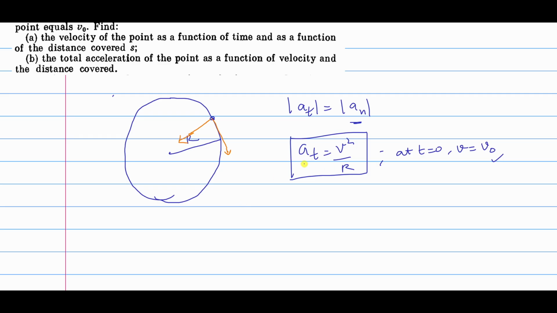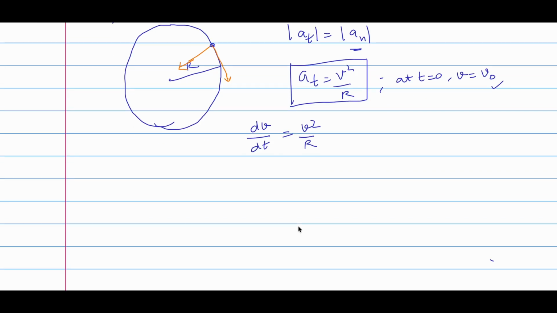So for that, we can write a tangential as dv upon dt, which will be equal to v square by r. We can take v in the denominator, dv by v square will be equal to dt by r. Take integration both sides. Integral of dv upon v square is equal to integral of dt upon r.